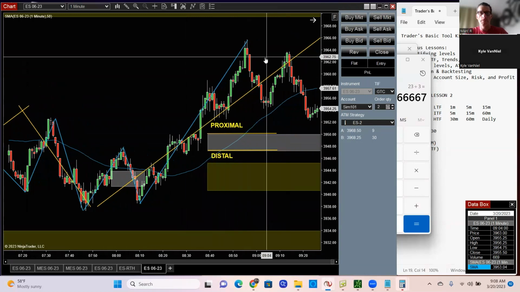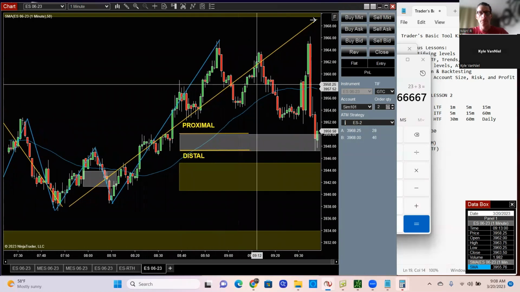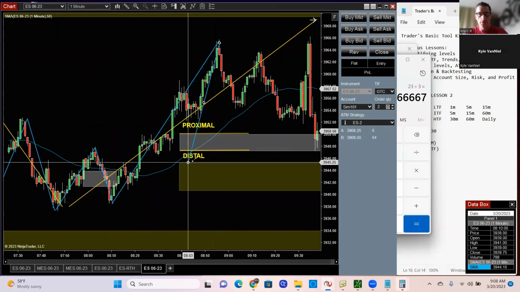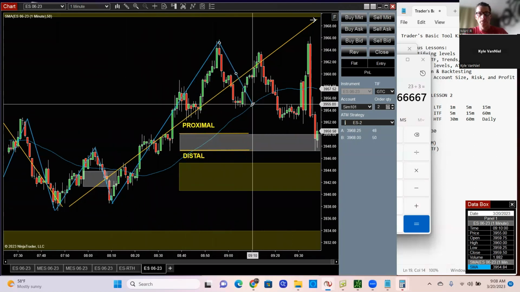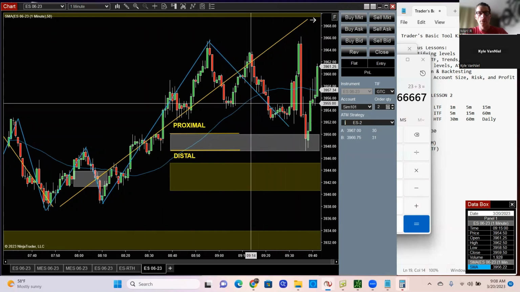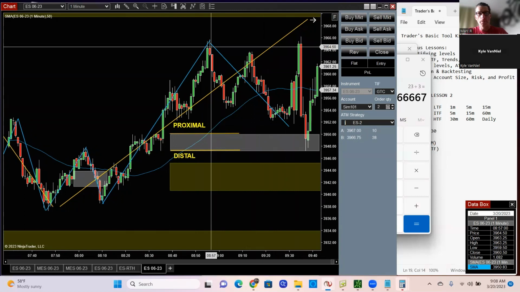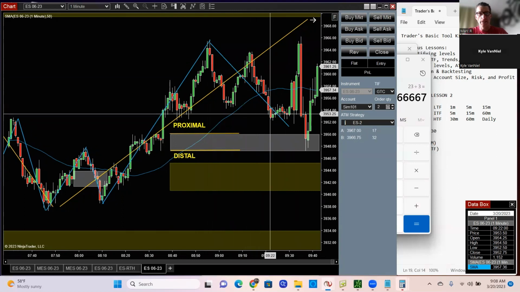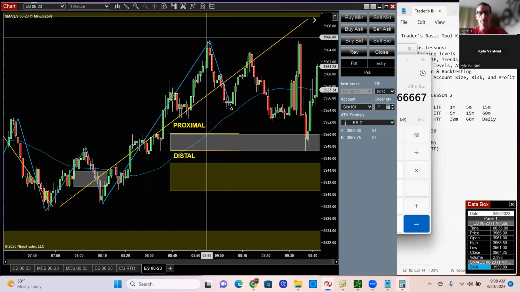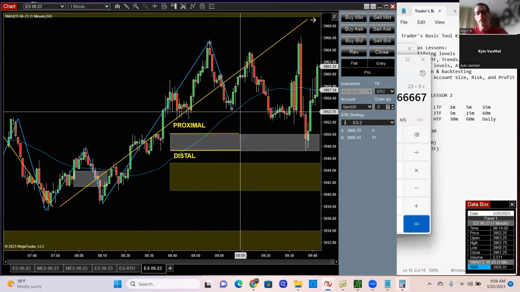It swings up, comes down. Now we came here and here. I am ignoring this move right here, because I did give you guys the parameter that price needs to swing through this 50.